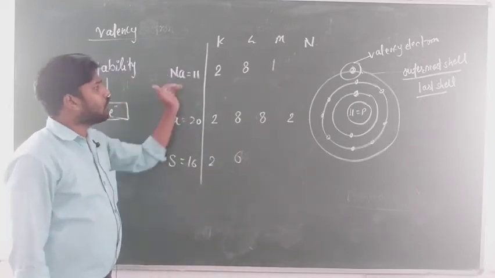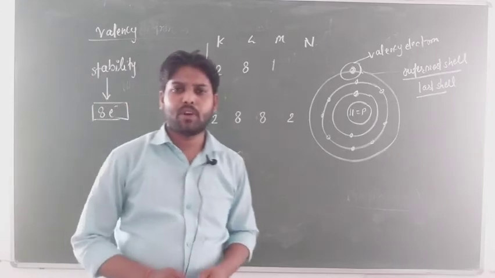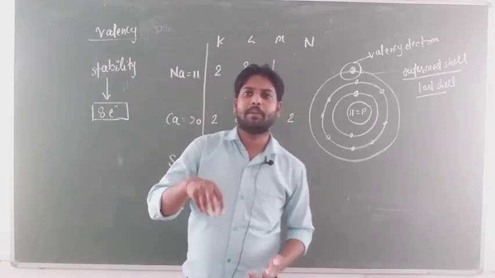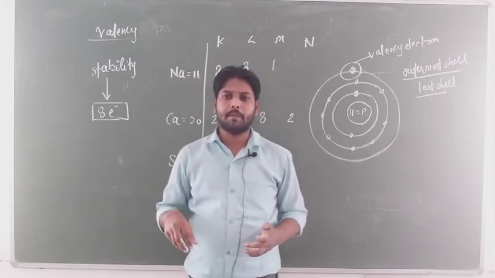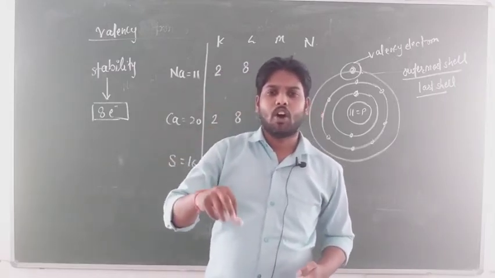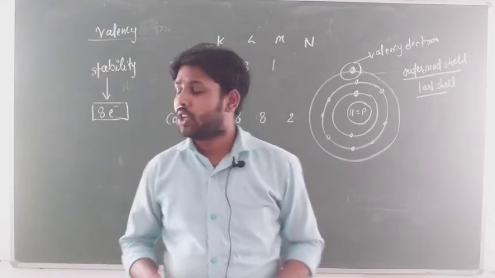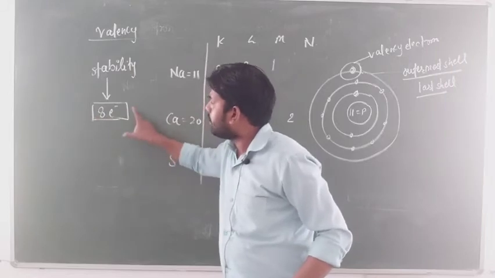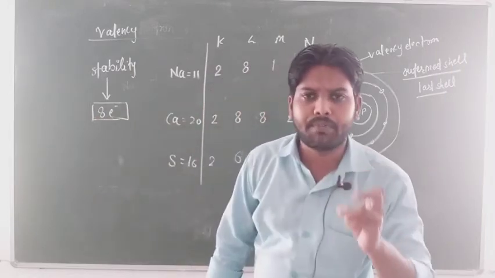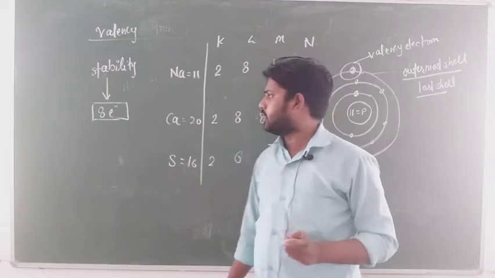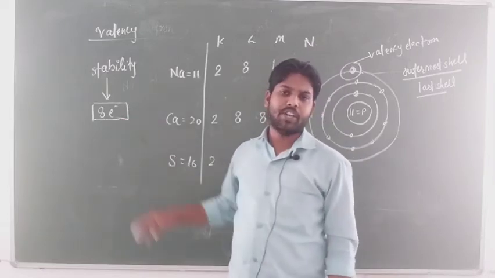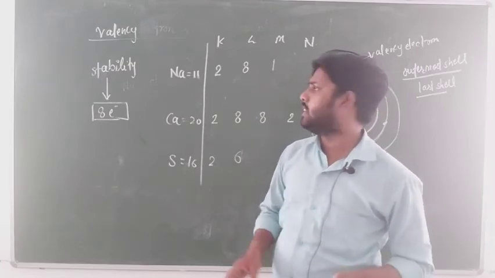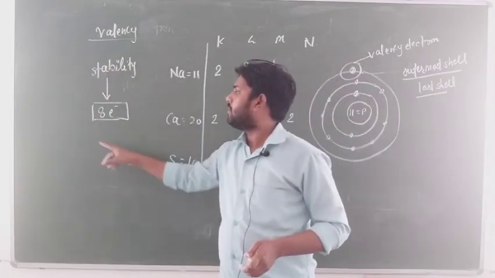But children, it is not stable, because I have told you that all atoms try to achieve stability, either by losing electrons or by gaining electrons. So to achieve stability, 8 electrons must be filled in the last shell. This is a very important point, children. Whenever you talk about metals, non-metals, or any atom, these points will always be familiar to you.